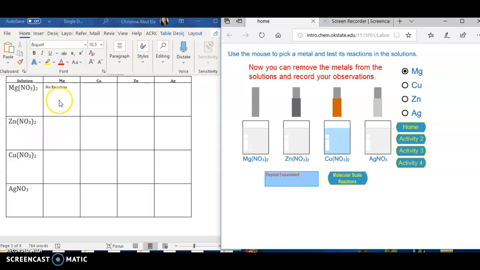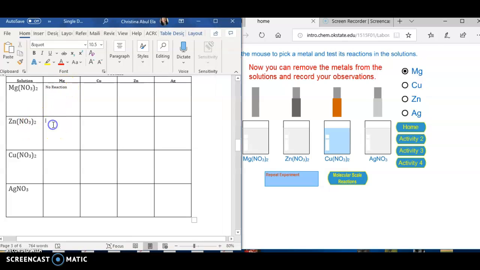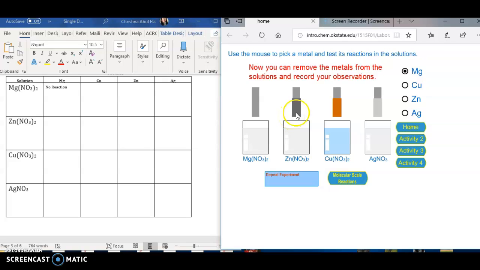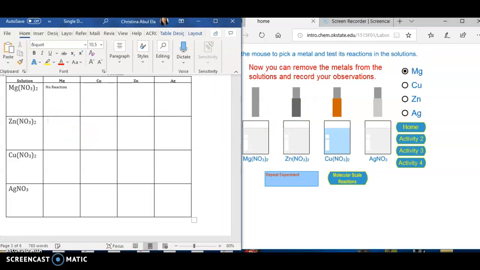So the next one is magnesium plus zinc nitrate. There was a reaction there. If we go back over to the website, I could see that darker grayish color that's collected on the magnesium strip that was in there. So something's happened, a reaction's happened. So I'm going to say yes, there was a reaction.